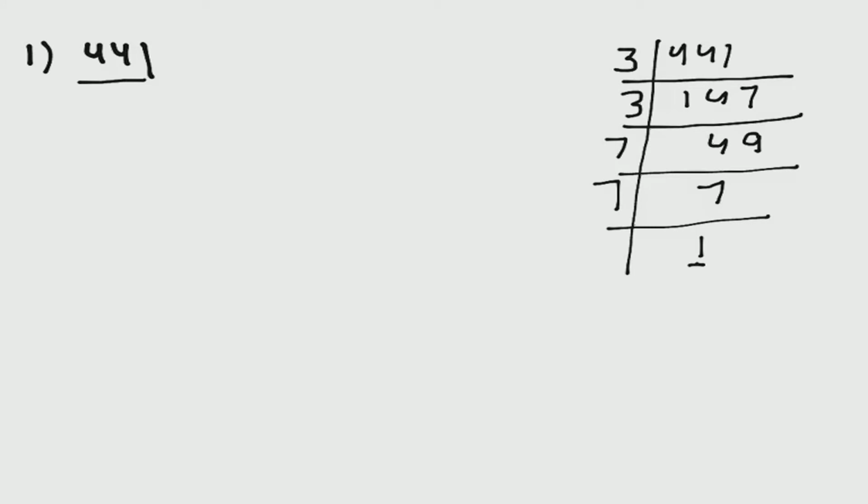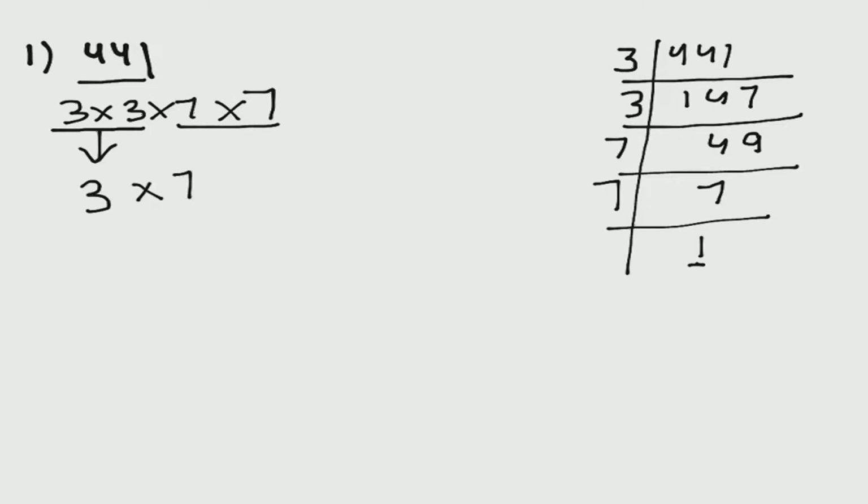So now the prime factors are 3 two times and 7 two times. As we have to find the square root, we will make pairs of the numbers. Here one pair is 3 and one pair is 7. We write the pair of 3 times 3 as a single 3, and the pair of 7 times 7 as a single 7.